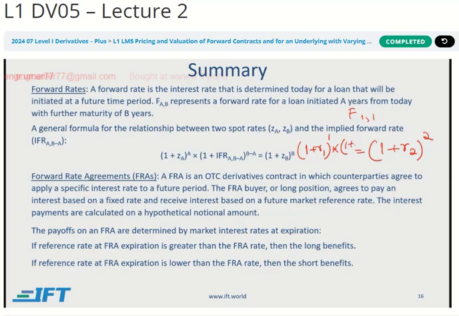What will that rate be, which will start after 1 year for another year? That is something you calculate using this formula. So if this is for 2 and this is for 1, then you can calculate the forward rate for a loan starting after 1 year for 1 year, and you can do it for 3 or 4 or whatever combinations.